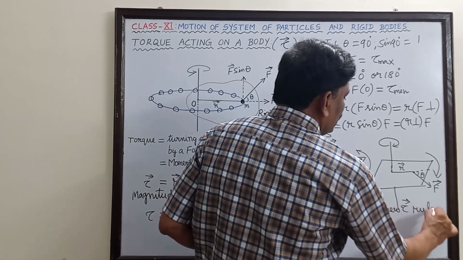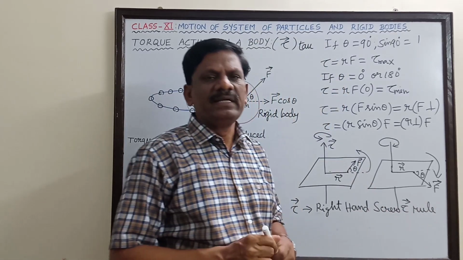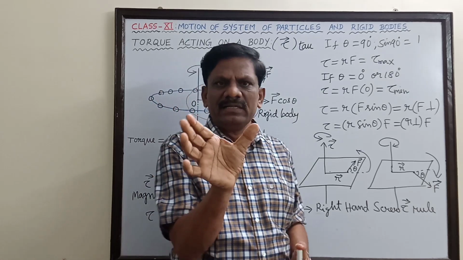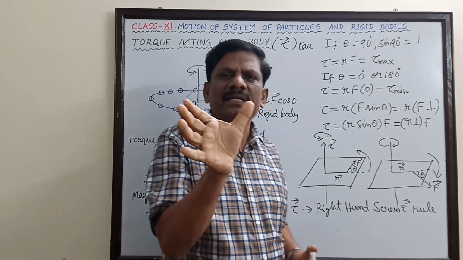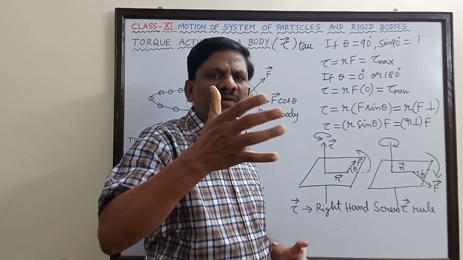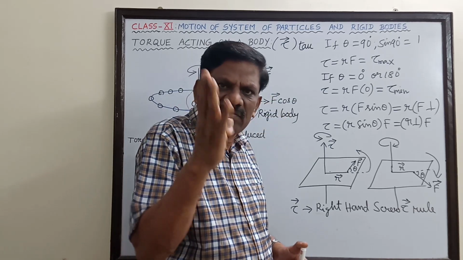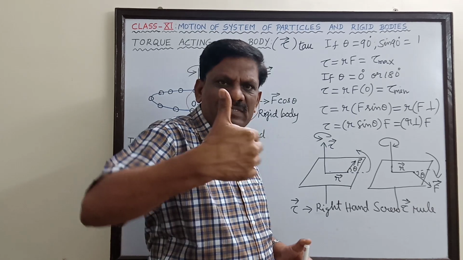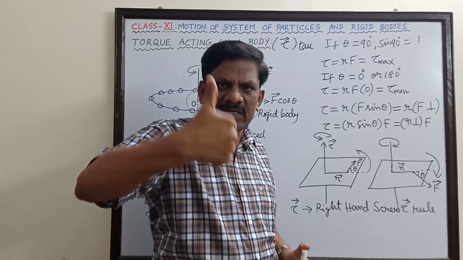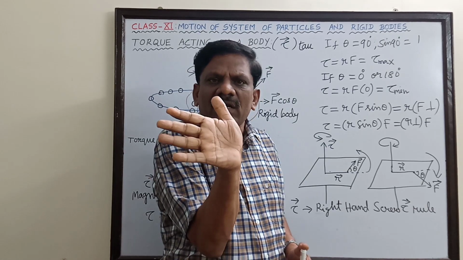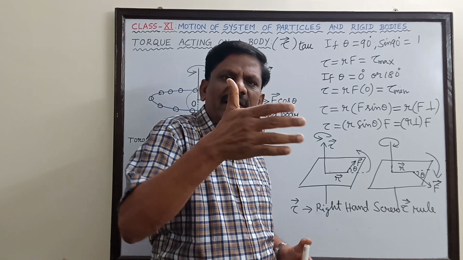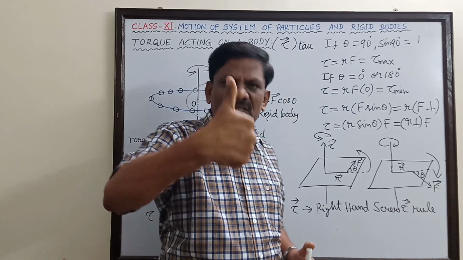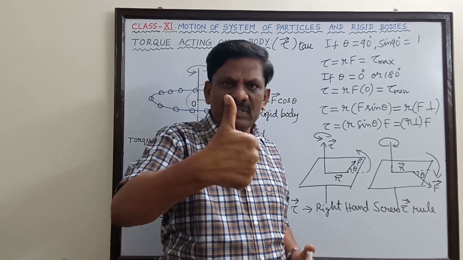We have studied it: when a right handed screw is rotated in the anti-clockwise direction along the direction of the four fingers of our right hand, then the stretched thumb gives the direction of the torque. So if R cross F is anti-clockwise, then the torque tau vector is upwards.